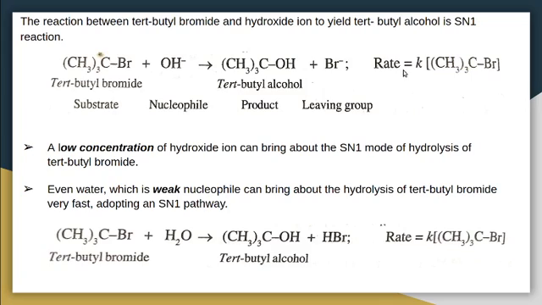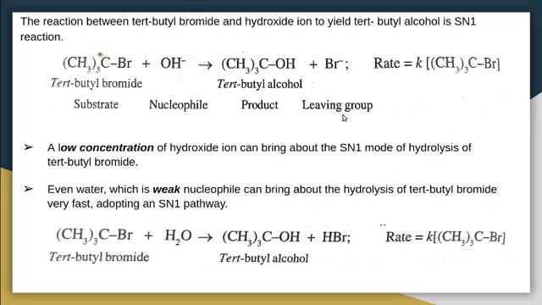In this reaction, the rate depends upon the concentration of the substrate, tertiary butyl bromide. The rate of the reaction is equal to K into the concentration of the substrate, not the concentration of the nucleophile. If the reaction depended on the nucleophile concentration, changing it would affect the rate. But in this case, the rate depends only on the concentration of the substrate.